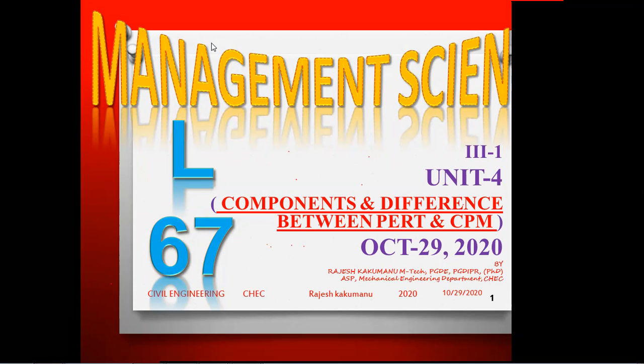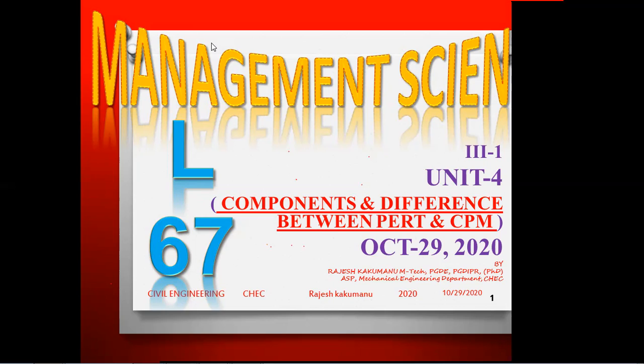This 67th lecture is very important for how to start the problems in this unit. Please pay attention, which is very important for your problem solving. If you get awareness about the components of PERT and CPM, then in the next classes we have a number of problems to do.